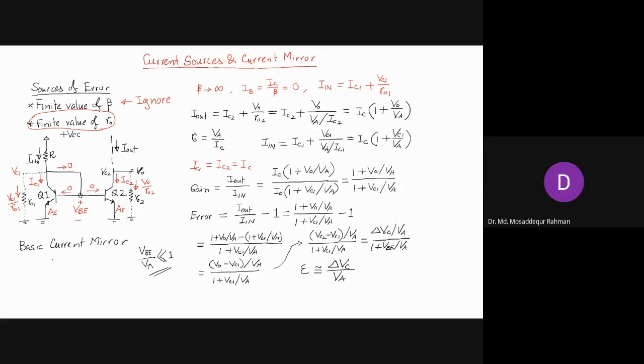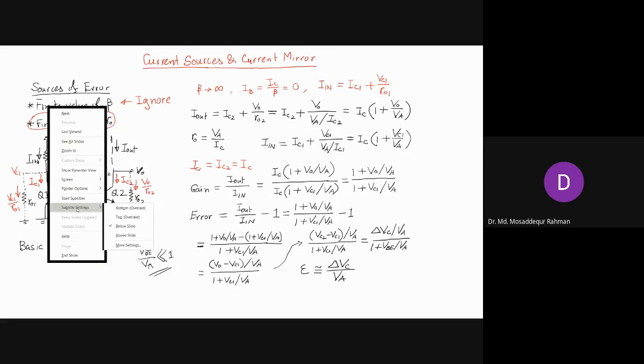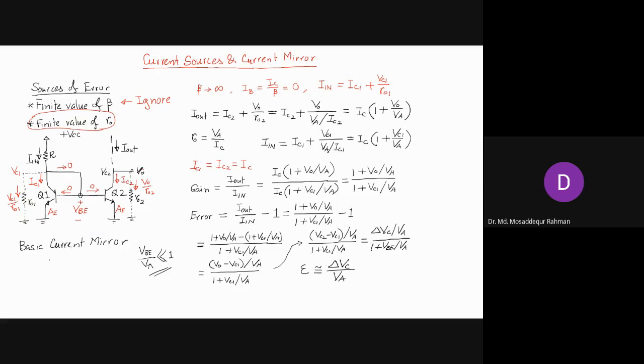So let's take a numerical example. You see that the error here depends on the output voltage, how much is V naught, and the Early voltage of the transistor. The higher the output voltage, the higher the error because more current will flow, whereas here it is only VBE, so the current flowing here is less.